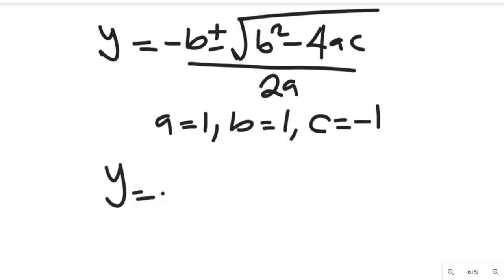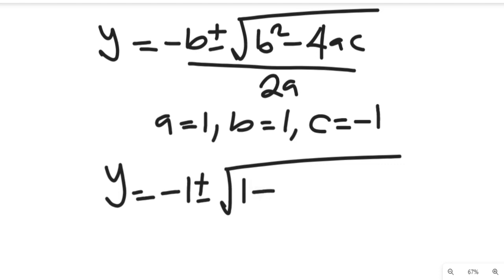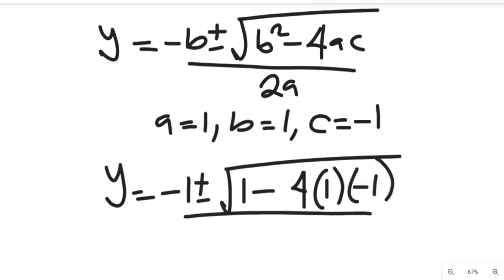If we apply that here, we're going to have y equal to -1 plus or minus the square root of 1 squared is 1, minus 4 times 1 times -1, which will give us 5, all divided by 2 times 1 is 2.